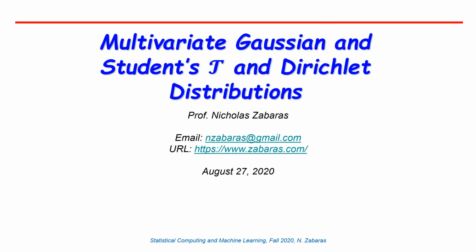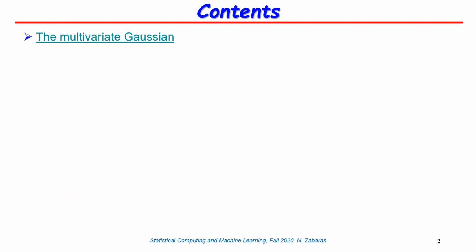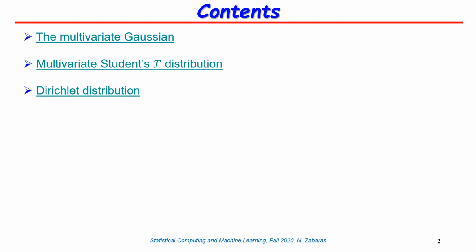And then we will talk a little bit about the Dirichlet distribution that is going to be very important, especially on classification problems. So the lecture will involve a review of the multivariate Gaussian in some basic way and of student's t distribution, and we will finish with the Dirichlet distribution.